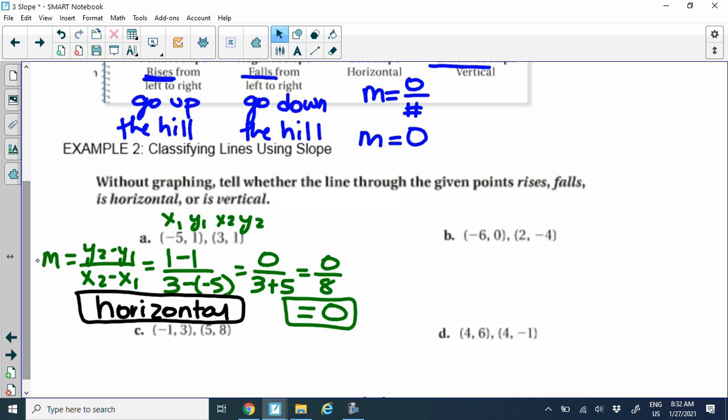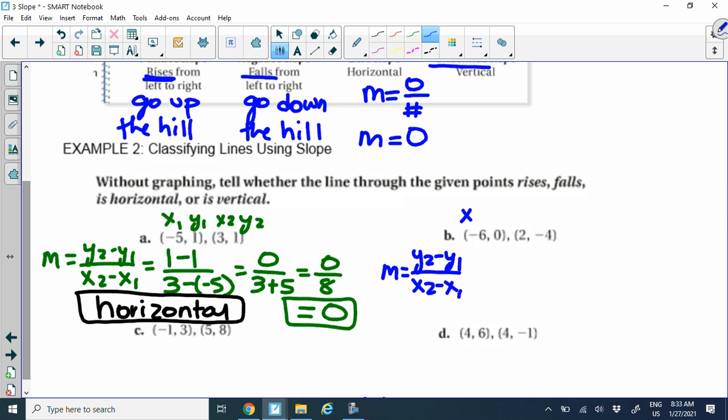Okay, let's go ahead and do the next one, part B. We're going to do the same thing, find the slope. I'm going to label. So always label what your x sub 1 and y sub 1 are, and your x sub 2 and y sub 2. Makes it so much easier just to plug it in. So my y sub 2 is negative 4, y sub 1 is 0. And then x sub 2 is 2, and then I have minus a negative 6.